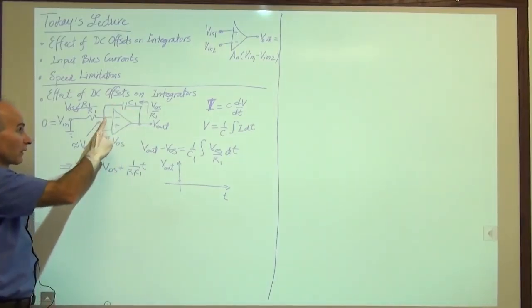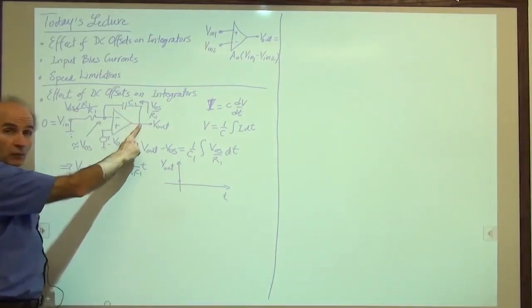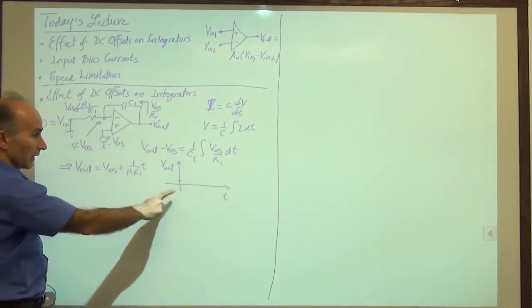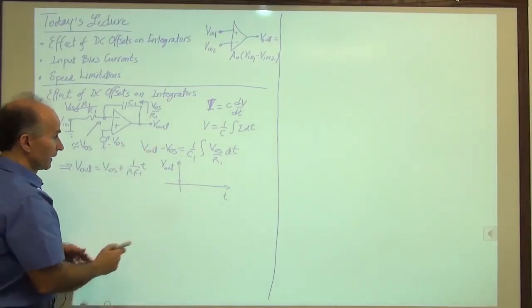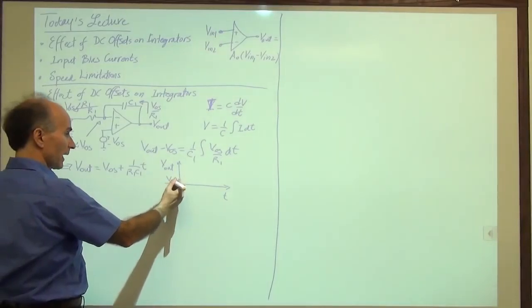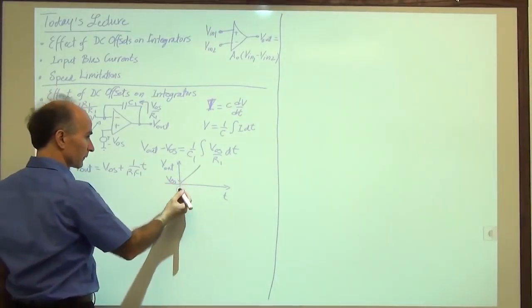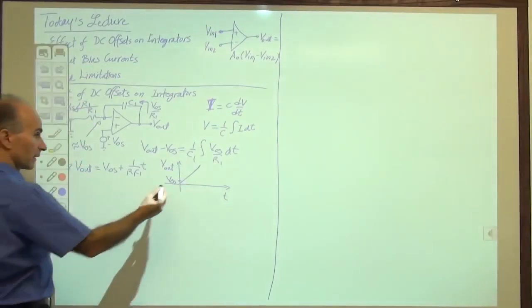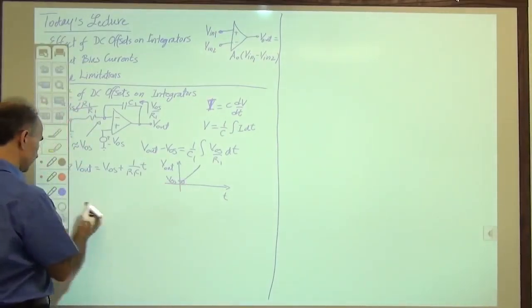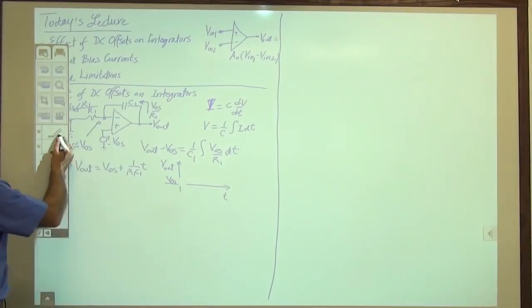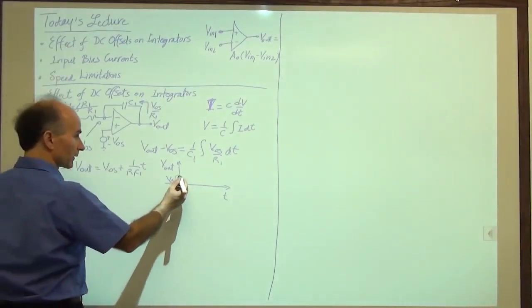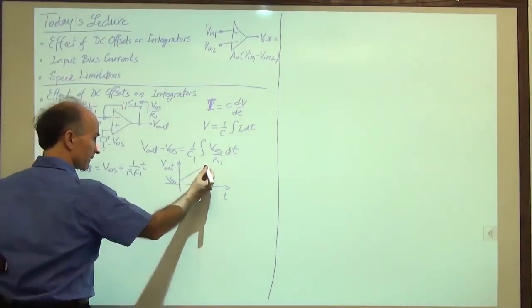And because this voltage is already VOS, this voltage has to be VOS as well. So that's why we have VOS here. So the output starts at VOS and then takes off and rises linearly. Oops, I messed up this drawing a little. So the output starts from VOS and then rises linearly.